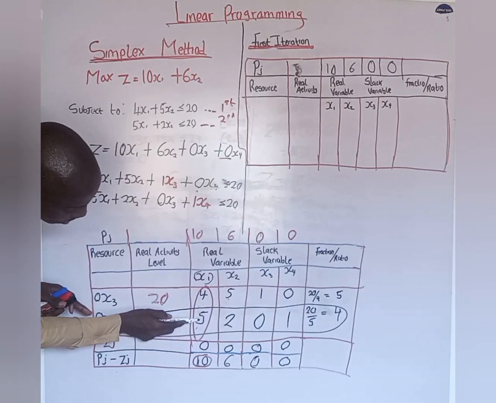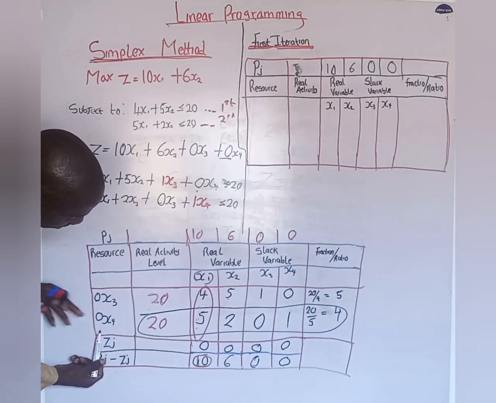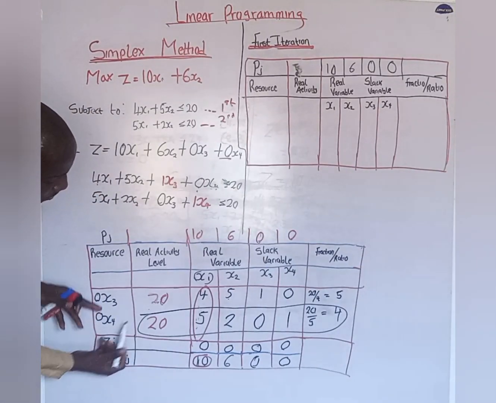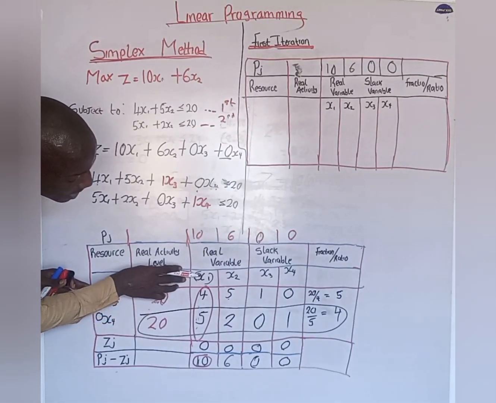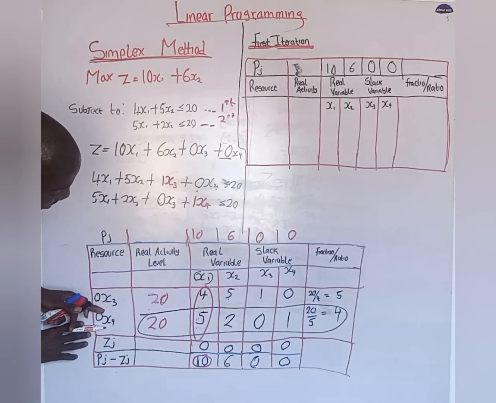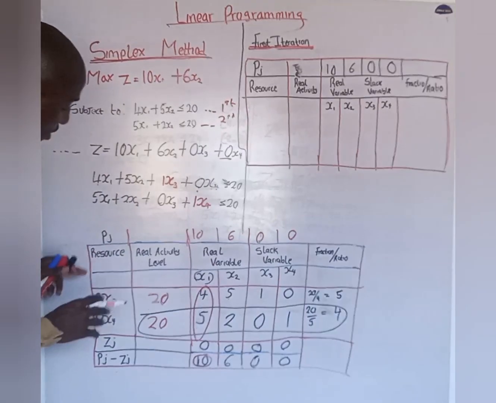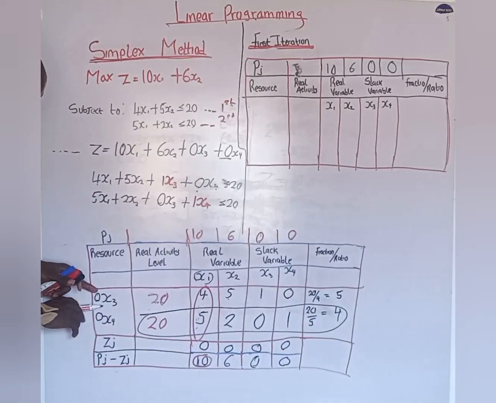If I trace it to the left hand side, this x4 is my slack variable. So I'm going to be interchanging this x1, which is the real variable, with the slack variable. So instead of having the slack variable in this place, I'm going to have the real variable. That's what I'm trying to say. If you want to get this now, this one will not change because we don't have any key element.